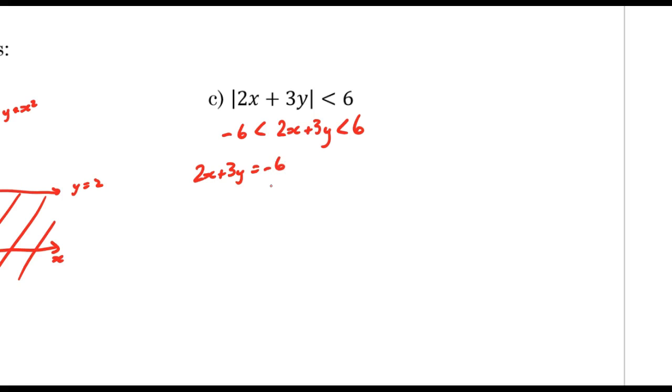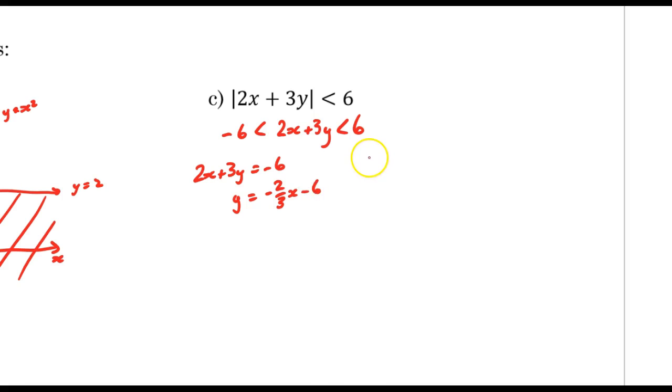then we can either find our intercepts there, or we could write that in gradient intercept form, which will be y equals negative 2 over 3x minus 2. That'll be one of our functions.